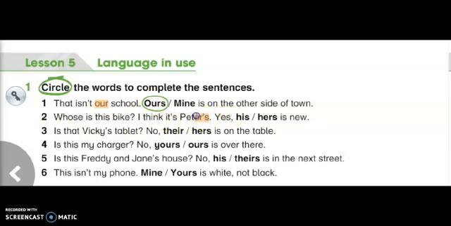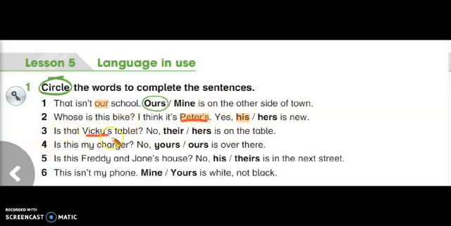Yes, here we are talking about Peter's. So we have to use yes. His is new. Because we are talking about Peter's, the suitable one is his, because he is a boy.